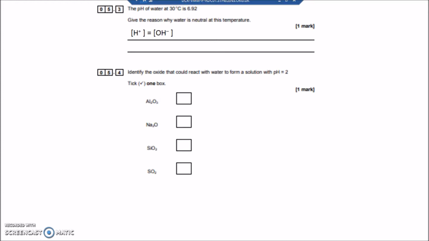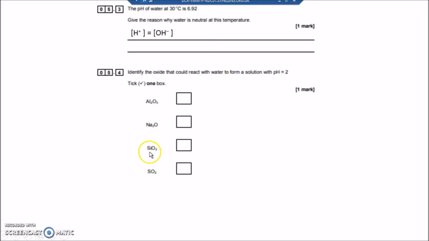Identify the oxide that could react with water to form a solution with pH 2. Remember, that's acid. So metals on the left hand side form alkaline or basic oxides, and non-metals on the right form acidic oxides. So we've got 2 basic oxides in aluminium oxide and sodium hydroxide, because they're on the left of the periodic table.